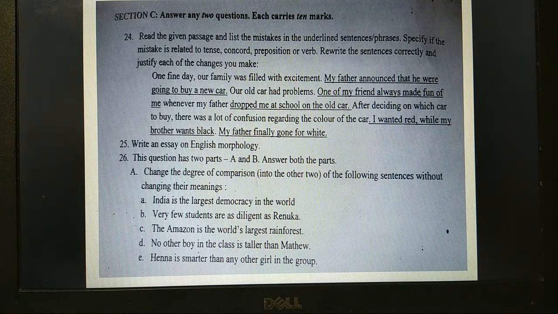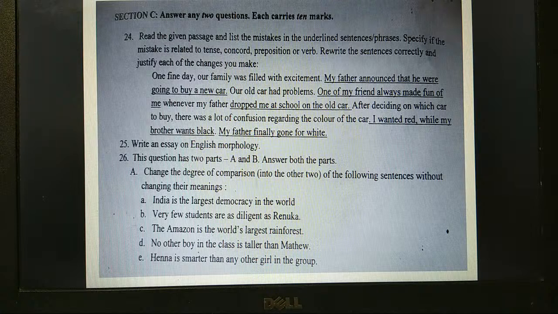First error, my father announced that he were going to buy a new car. The problem is not he, we don't say. This is in fact reported speech. This sentence is in reported speech, and reported speech is in the past tense. So we are correcting it this way: my father announced that he was going to buy a new car.